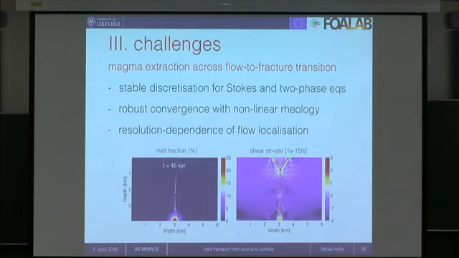And then the last one is that there's an inherent resolution dependence of these flow localizations, because these fracture-like flow localizations would physically like to localize below what is allowed on our grid resolution. And so if we then run a control simulation with half the grid resolution compared to what we do here, we'd find that the fractures look slightly different.